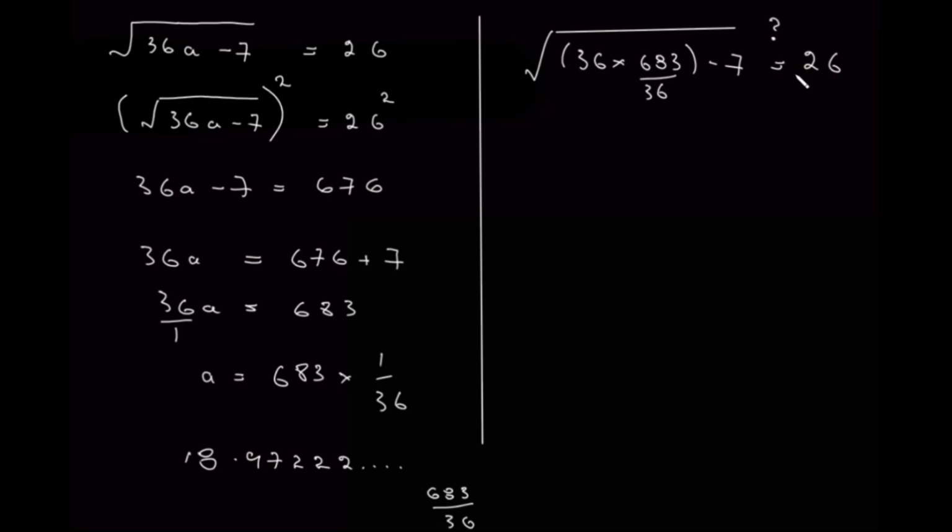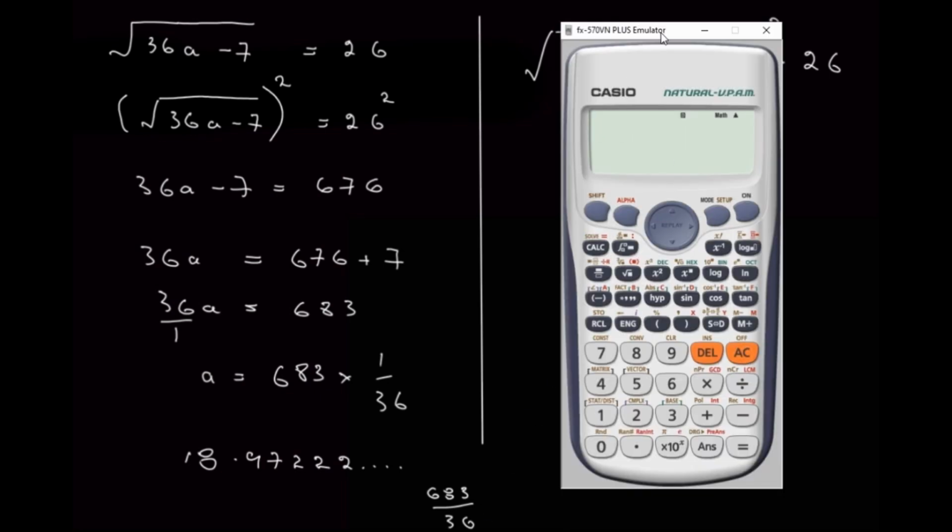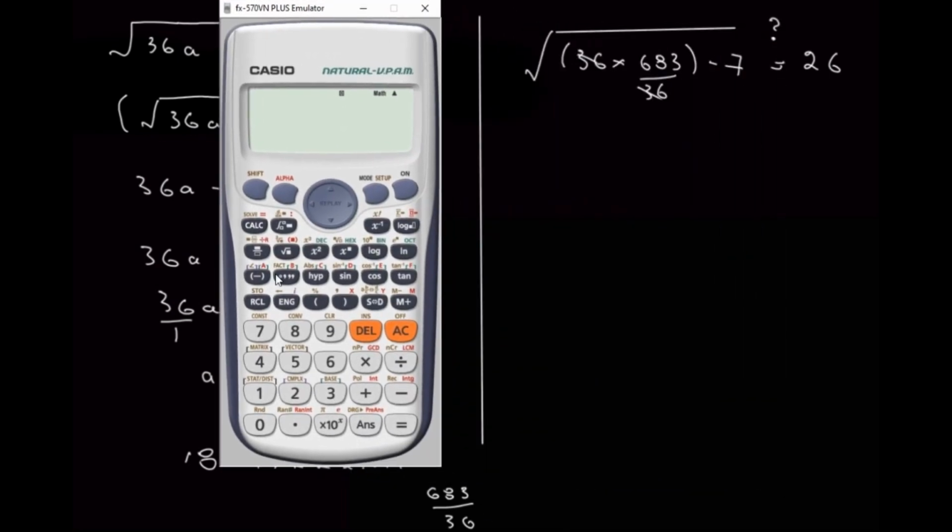Let's see. Those two actually cancel out. So we want the square root of 683 minus 7. Oh, please work. Okay, I'll do it as a fraction. Those cancel out. Got to subtract the 7. 683 minus 7 gives me that.